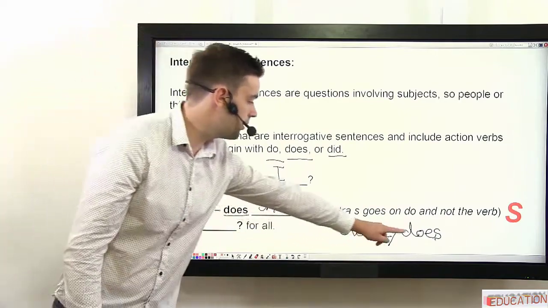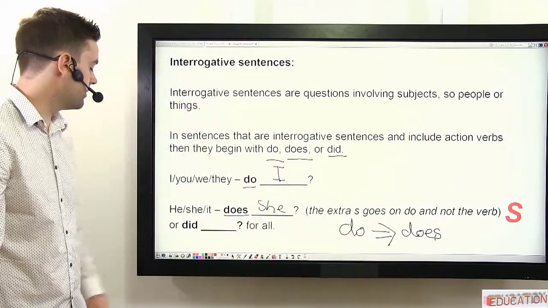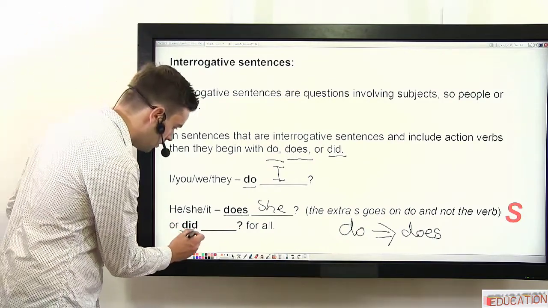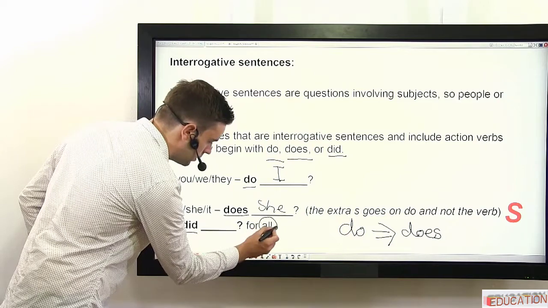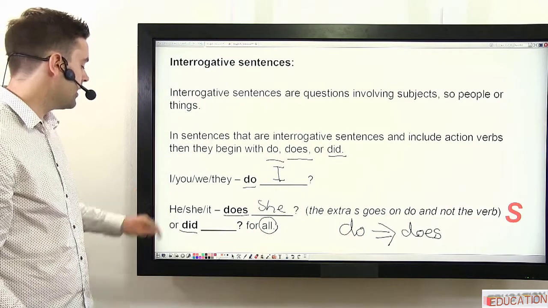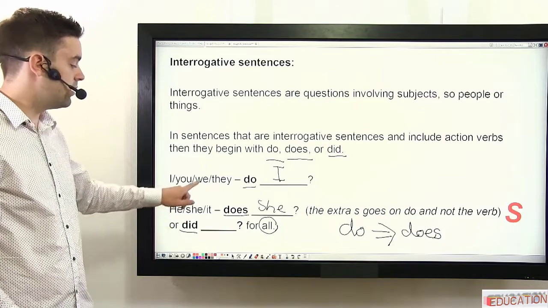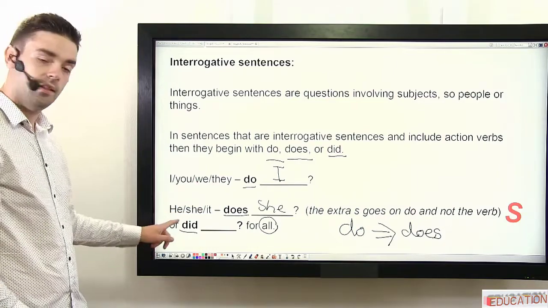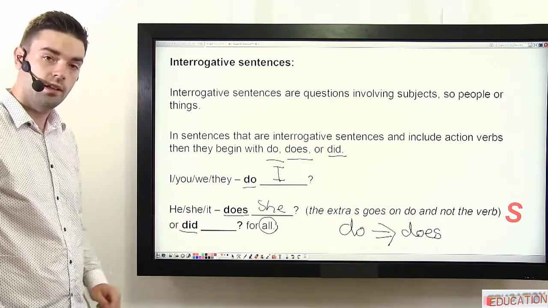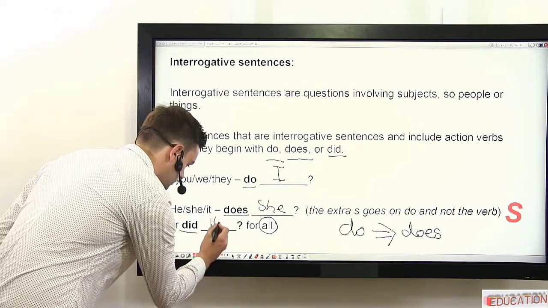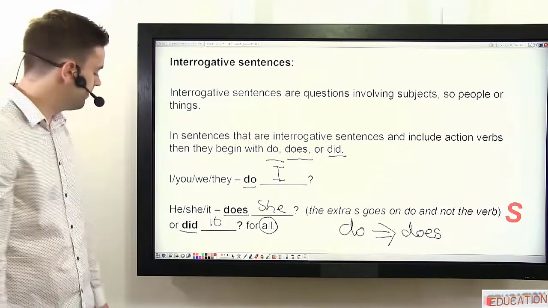Again, you can use did for all subjects. Did I? Did you? Did we? Did they? Did he? Did she? Did it?